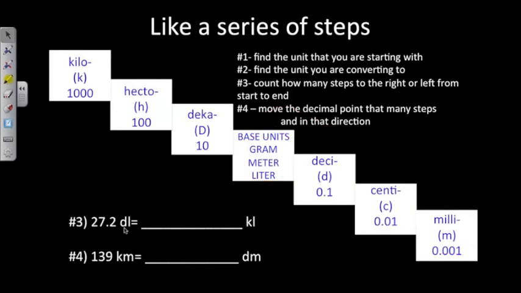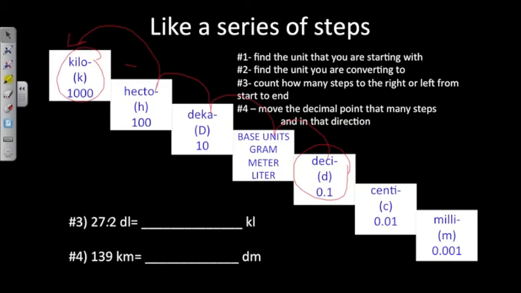So now we're going from little d, which is deciliters, to kiloliters. Again, I'm going to be starting at deci, moving up to kilo. So I go from start to finish, 1, 2, 3, 4 steps, and I moved to the left.